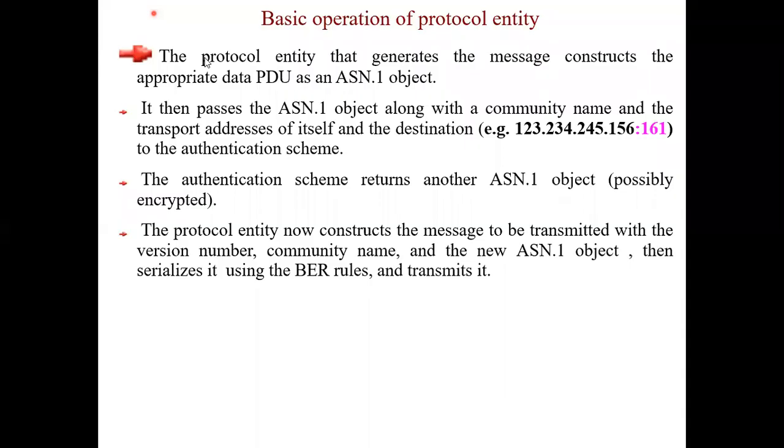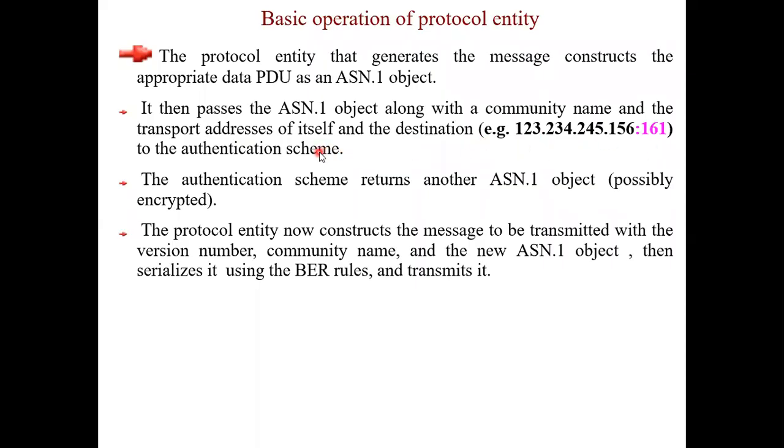Okay, so now what will be the addressing scheme and the operation of the protocol entity? The protocol entity that generates the message constructs the appropriate PDU, as an ASN1 object. It then passes the ASN1 object along with the community name and the transport address of itself and the destination. So when I am giving the destination address, I am mentioning the port number.